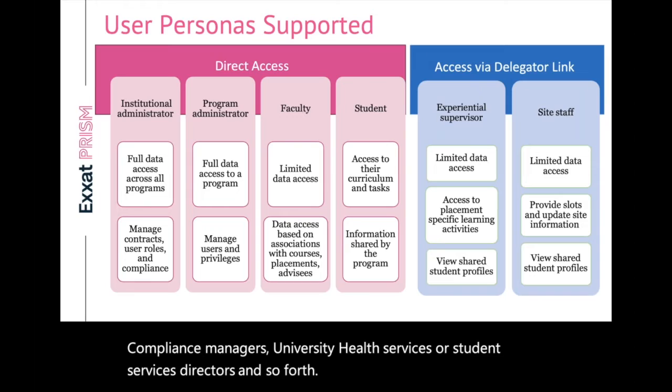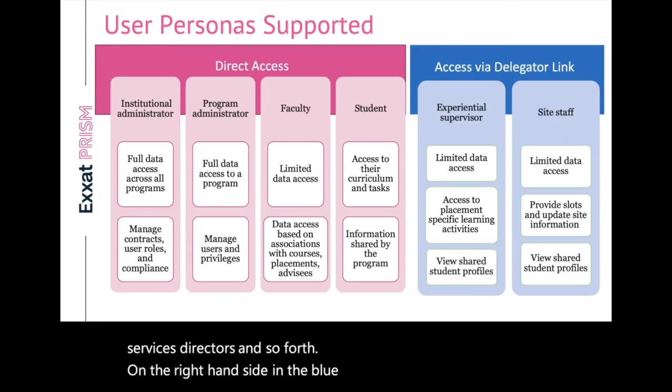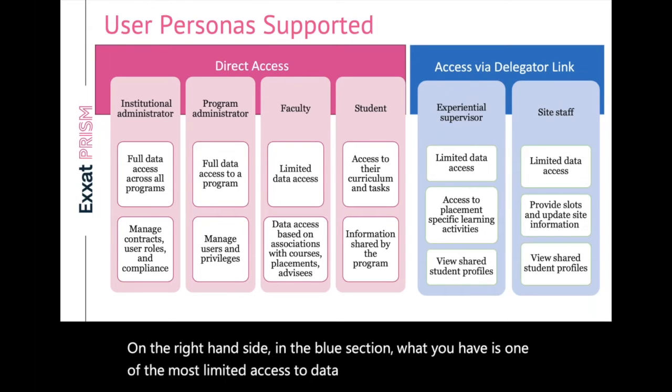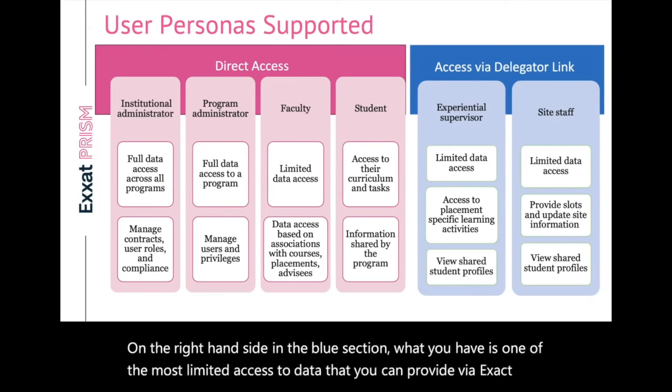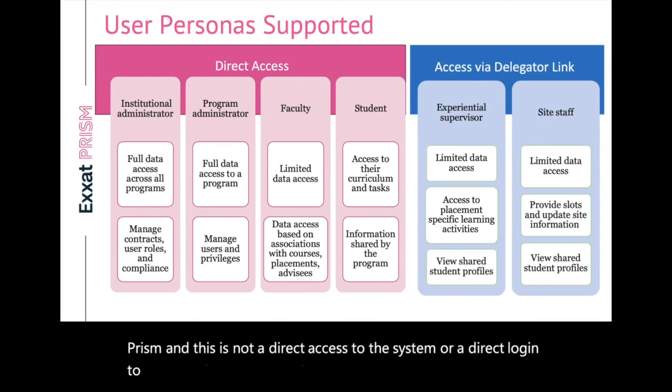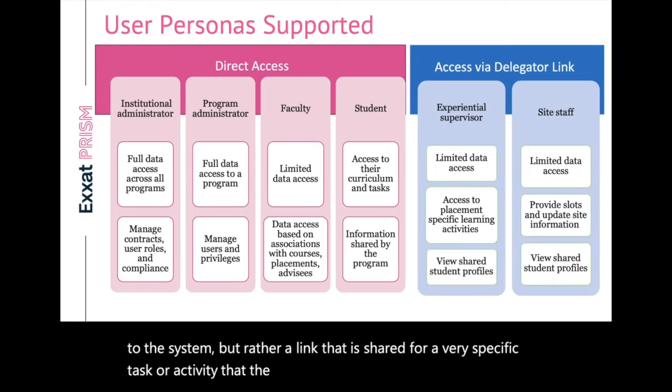On the right hand side in the blue section, what you have is one of the most limited access to data that you can provide via Exxat Prism. This is not a direct access or a direct login to the system, but rather a link that is shared for a very specific task or activity that the user needs to perform.